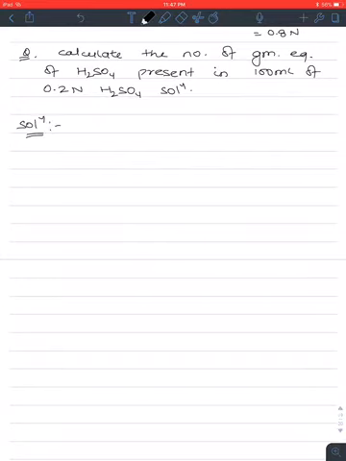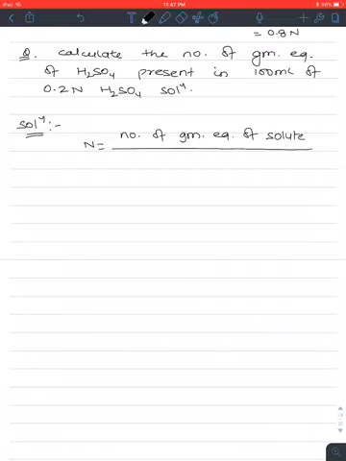We have to find the number of gram equivalent. They have given normality and volume. So what we know, normality is equal to number of gram equivalent of solute divided by volume of solution in liters. In this they have given normality, they have given the volume of solution.